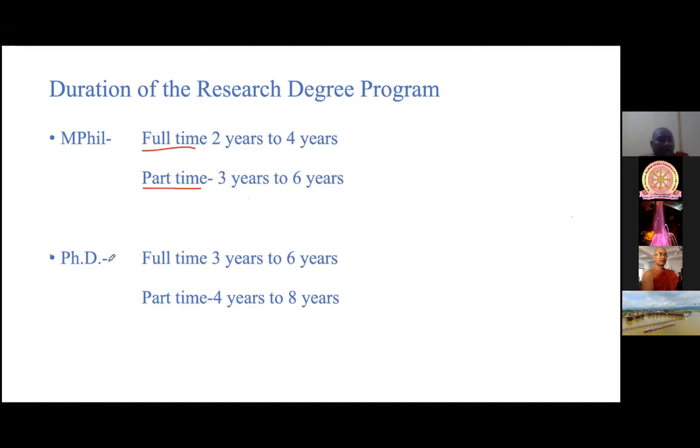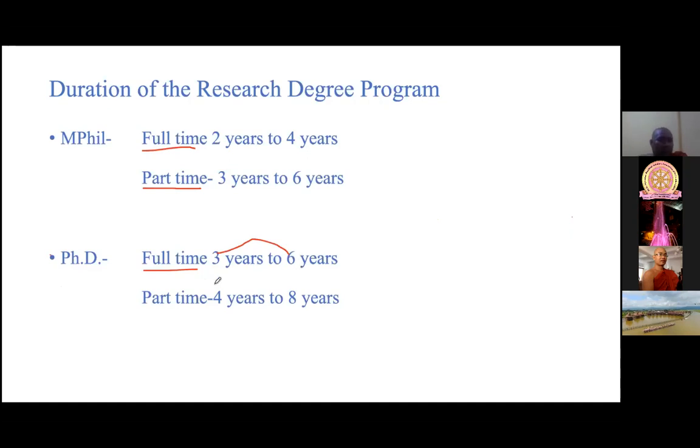For a PhD level student, full-time, the duration is 3 years to 6 years. You could complete your research within 3 years. Otherwise, you could request 3 more years. So if you are doing your research as a full-time student, the duration is a maximum of 6 years.